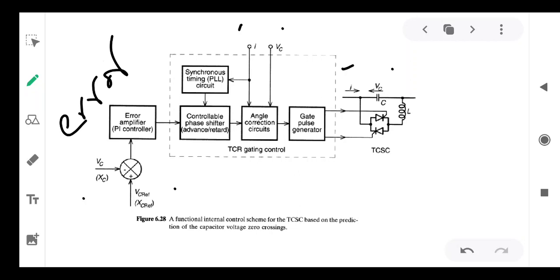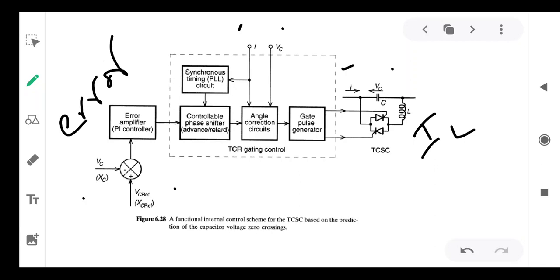The input to the phase locked loop is the line current I. Now angle correction circuits will adjust the signal in synchronism with the system, and this signal is given to the gate pulse generator. That gate pulse generator generates the signal appropriately to control IL or ITCR, as in the case of the previous control circuit.